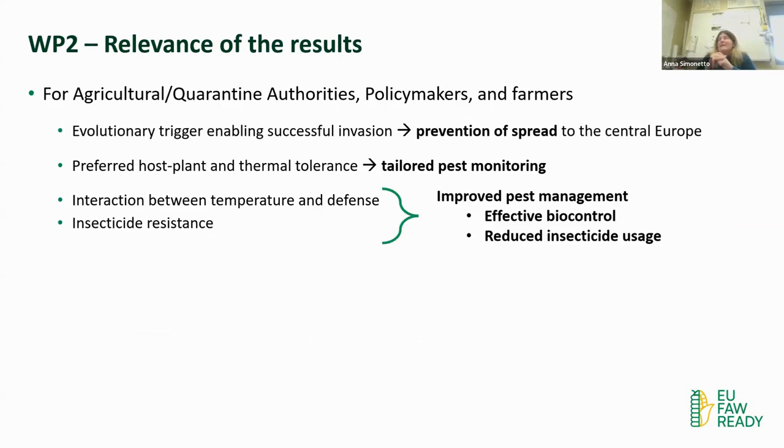Who is the target audience of this work package? The evolutionary traits will be information useful to prevent the spread to Central Europe. The information on preferred host plants and thermal tolerance will allow fine-tuning of the pest monitoring surveys.